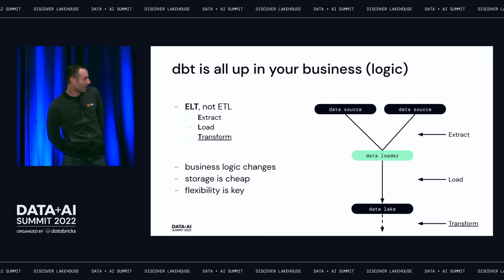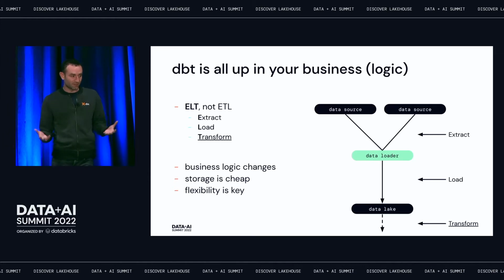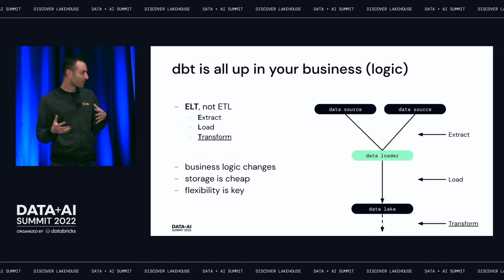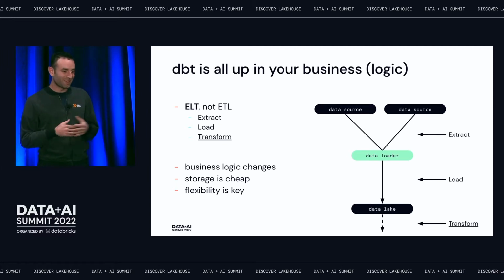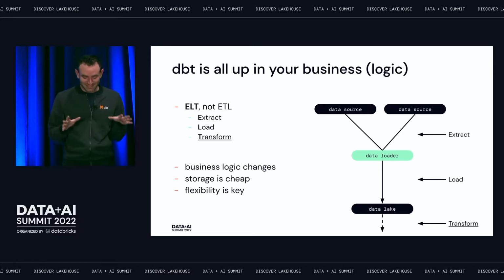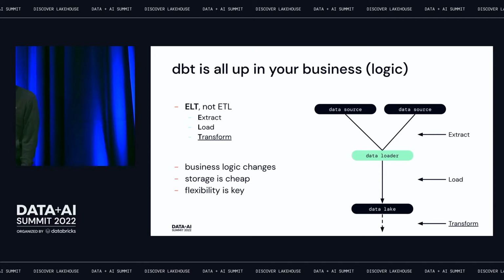And so in our experience, you'd prefer the flexibility of getting to change your transformation logic, like update your business logic as your business and products evolve, versus the super cost-effective model that is actually really rigid and inflexible. And we find that time to value is worth a lot. And again, storage is really cheap. So ELT is where it's at for DBT.